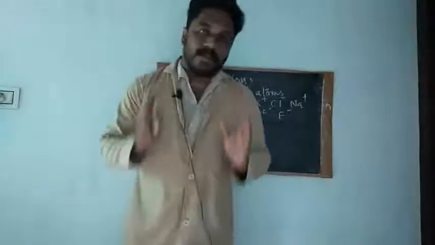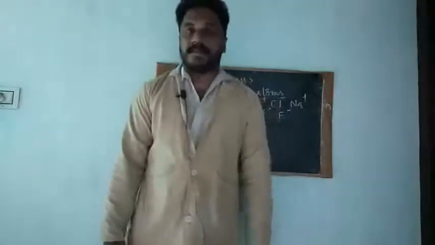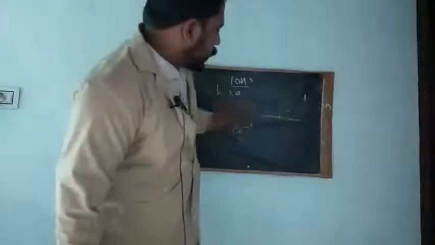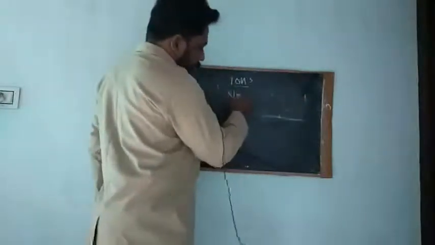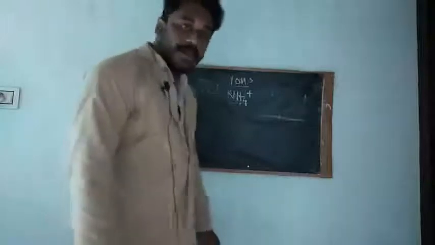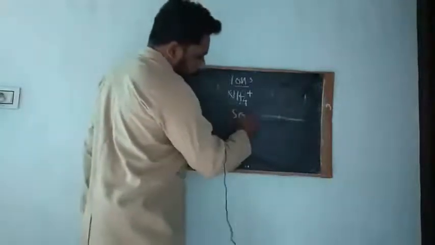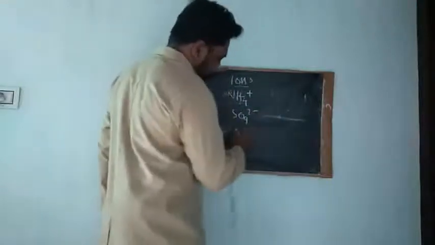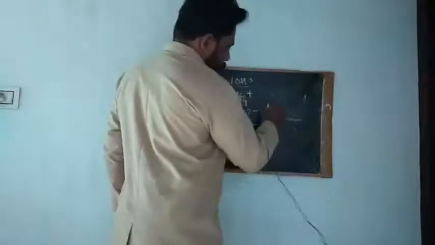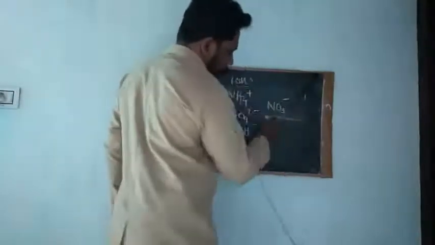Now we are going to discuss charged molecules. For example, NH4 plus, which is called the ammonium ion. SO4 2 minus, OH minus, NO3 minus, NO2 minus.